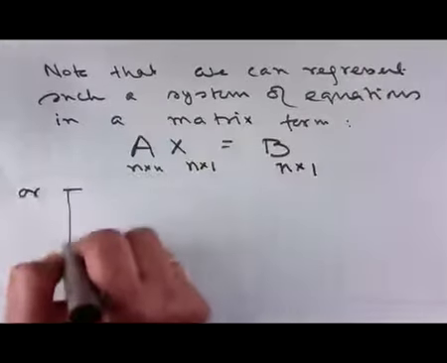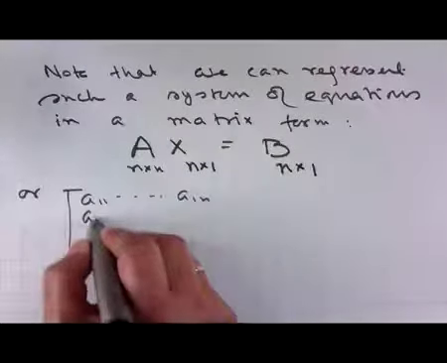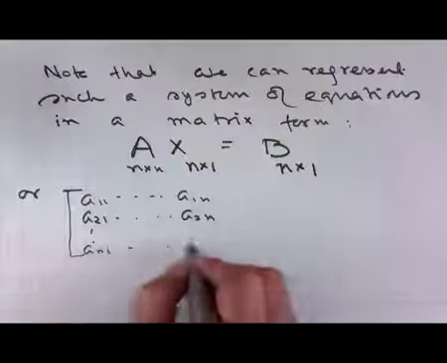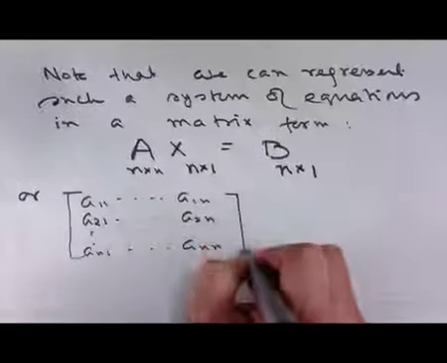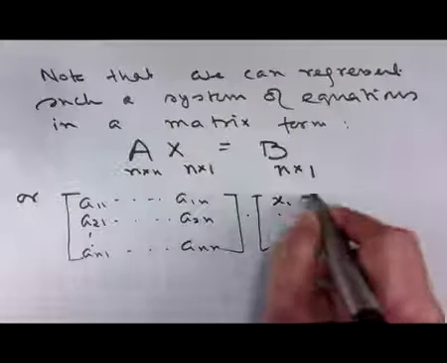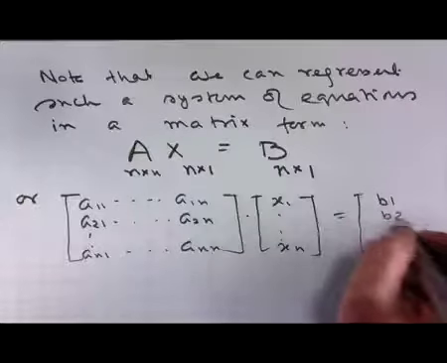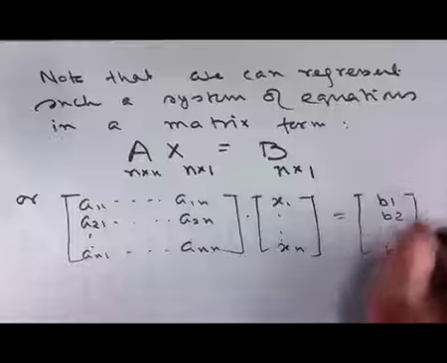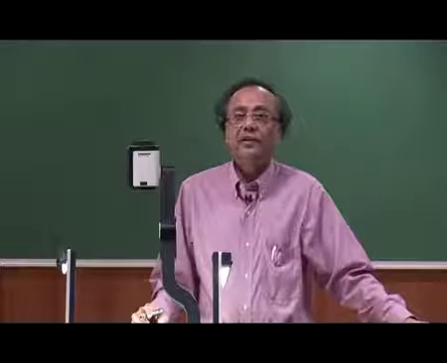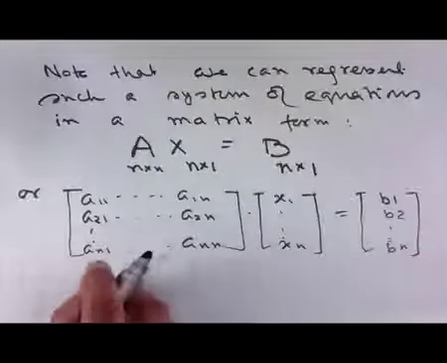That is, the matrix with rows A11 up to A1n, A21 up to A2n, An1 up to Ann times x1, x2, xn is equal to B1, B2 up to Bn. Thus, very neatly we can represent the entire system of linear equations in a matrix form.